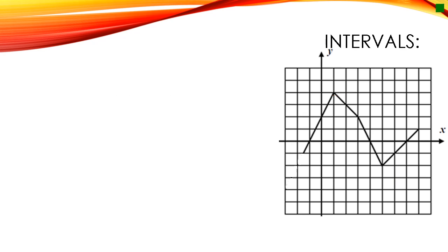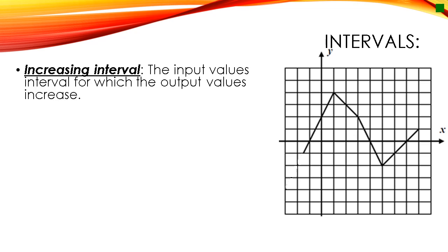Now let's talk about intervals. The first kind of interval that we're going to talk about is an increasing interval. In an increasing interval, as the input values increase, the output values increase as well. Or as the x values increase, the y values increase as well. If we look at this graph going from left to right, as the x values increase, the y values are going up or increasing.